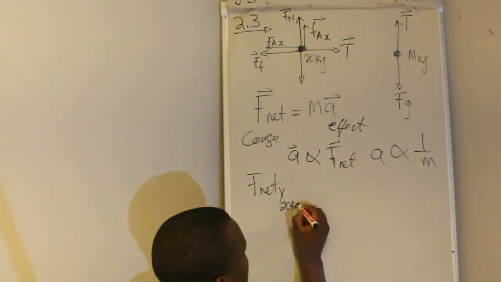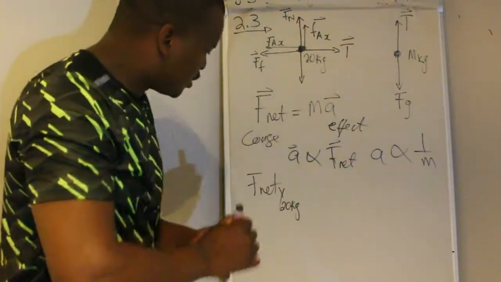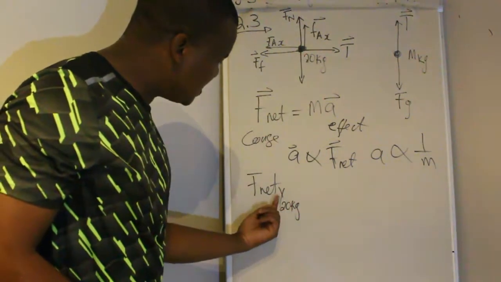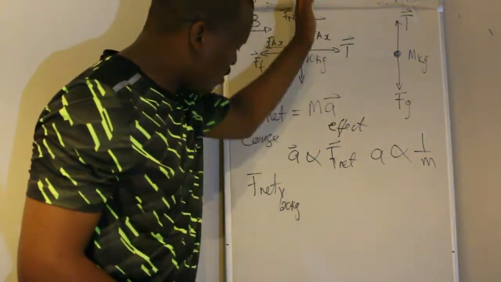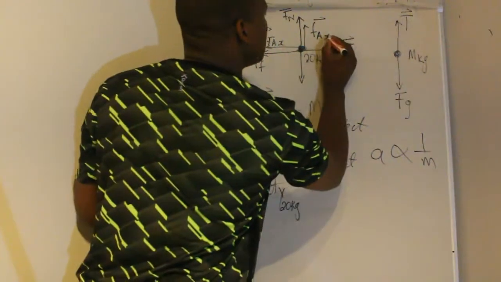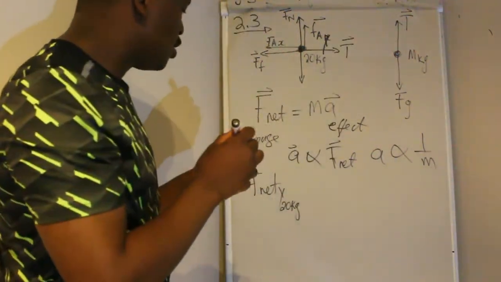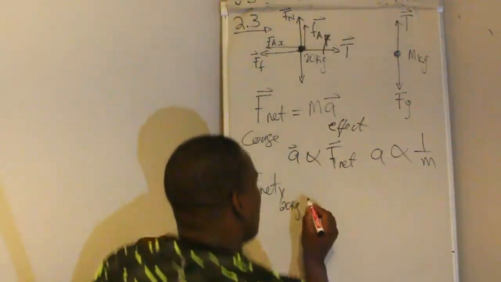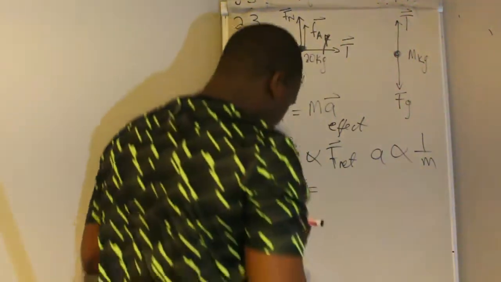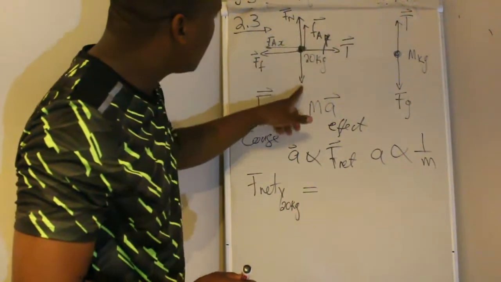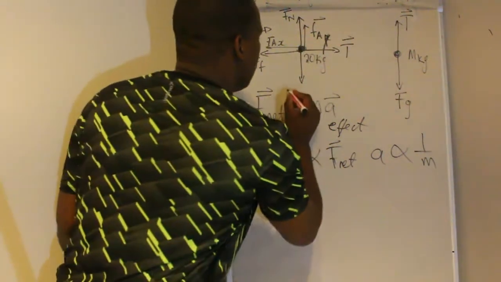Oh, this should be y, not x. This is y, this is x. So the sum of forces will be equal to what? We have three forces: the normal force, the applied force, and the force of gravity.